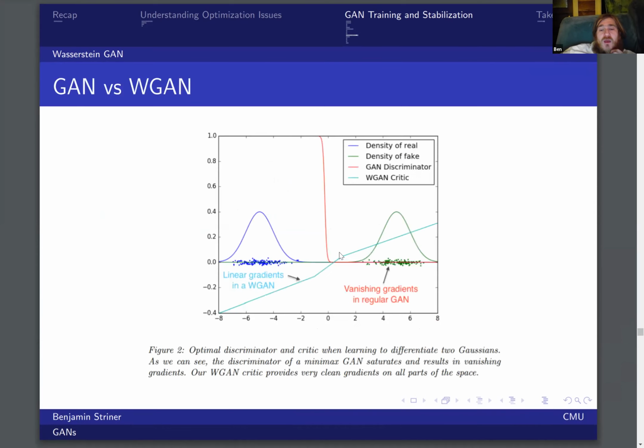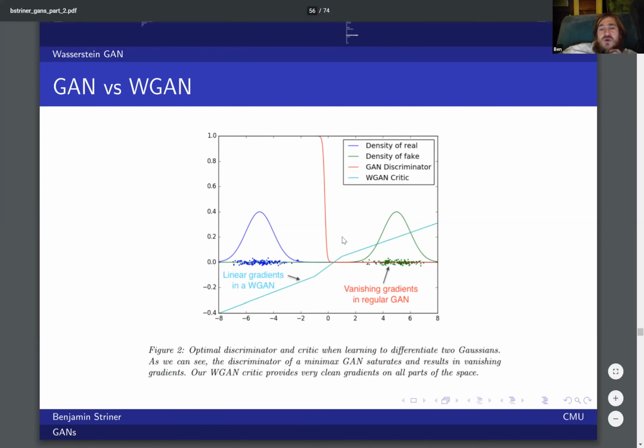But anyways, what we end up doing with this WGAN and why the WGAN is better than your regular GAN is, let's say I've got real data over here on the left and fake data over here on the right. If I train a 0-1 sigmoid GAN to separate the two of them, this is the line that it will draw.